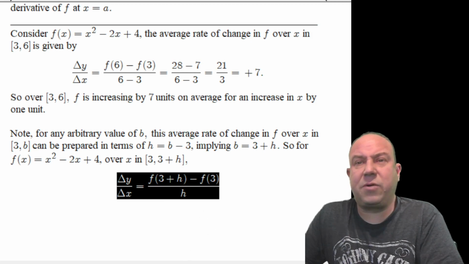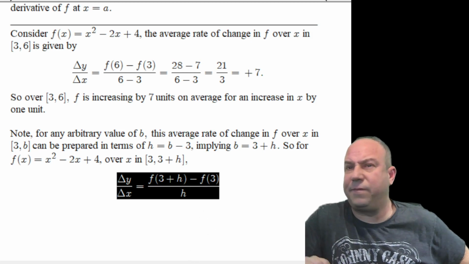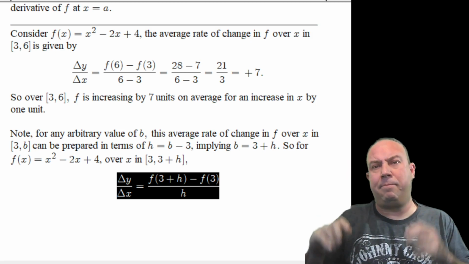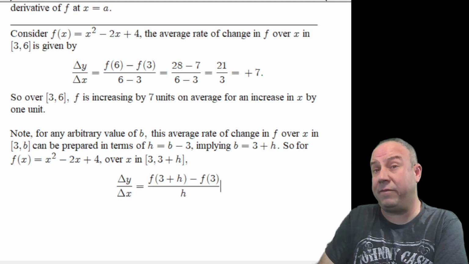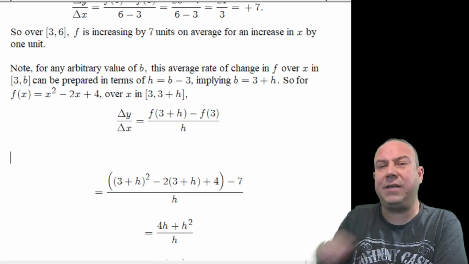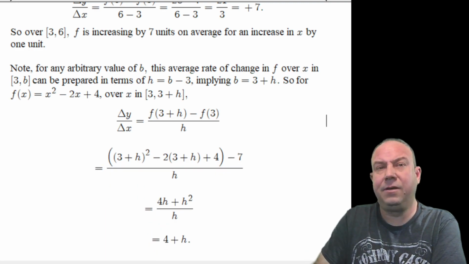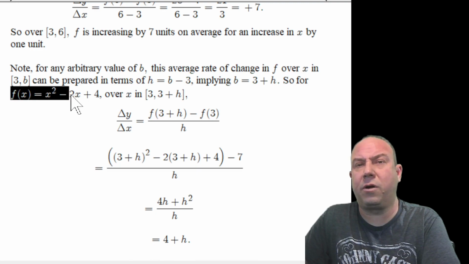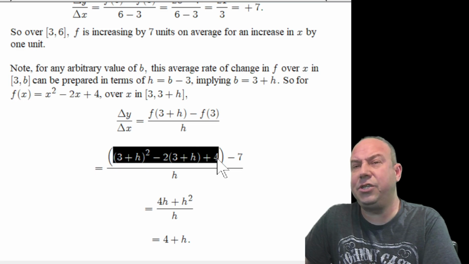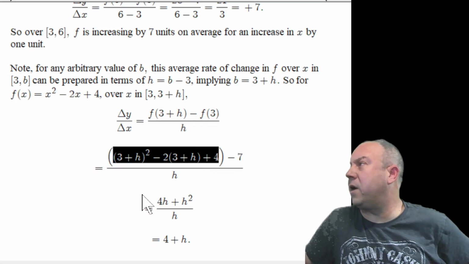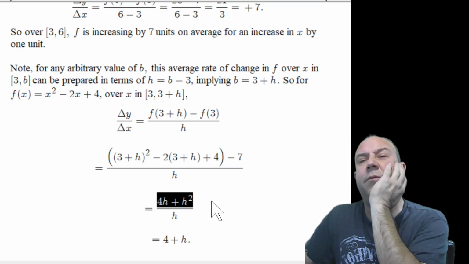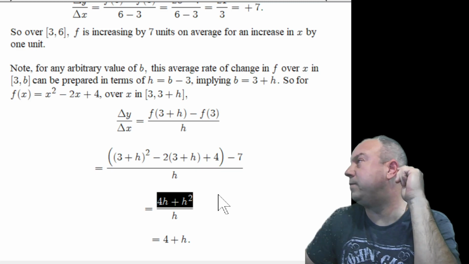If we set up our average rate of change calculation in that manner, this should look familiar. This is how we were setting up many of our proofs initially for derivative calculations, in the interior of the limits. And in this particular case for this quadratic function, x squared minus 2x plus 4, we substitute in 3 plus h into this quantity here, and when expanded and we subtract 7 from that quantity, we're left with 4h plus h squared.